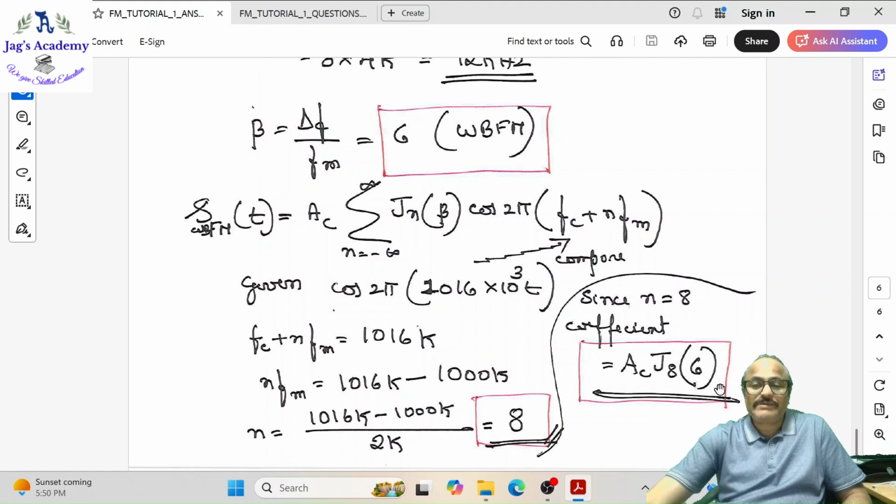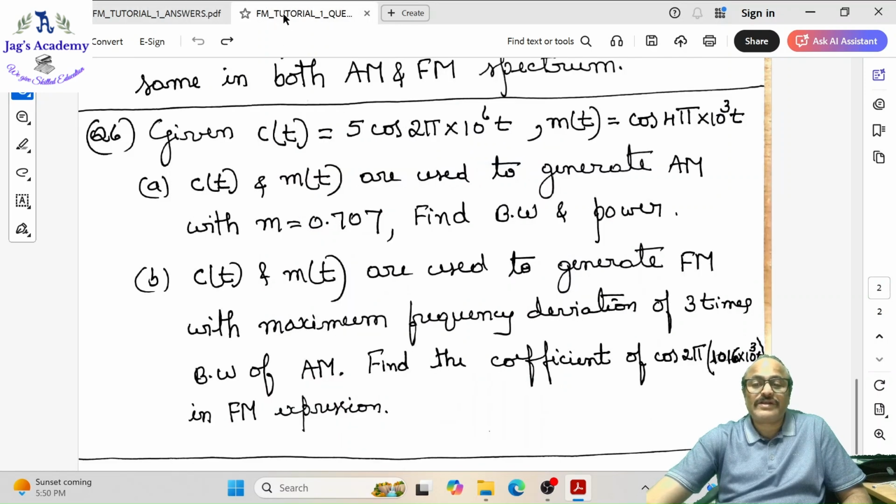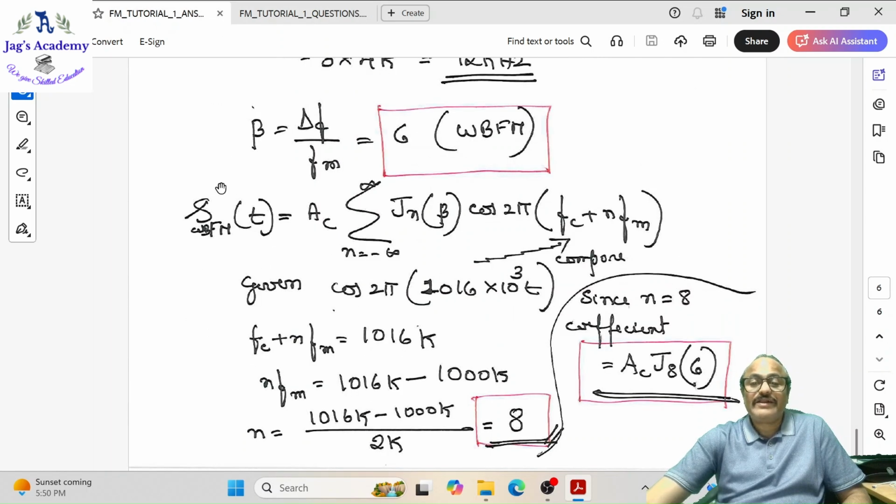The second step is a little complex, but it is very easy if you remember this formula. What is asked in the question? In the FM equation, you have to get the coefficient of the term cos 2 pi into 1016 into 10 to the power of 3 t. If you take the expression of FM here, you have a term cos 2 pi, and the value inside is 1016 into 10 to the power of 3, and you know definitely it is fc plus n fm, and the corresponding coefficient is Ac into Jn of beta.